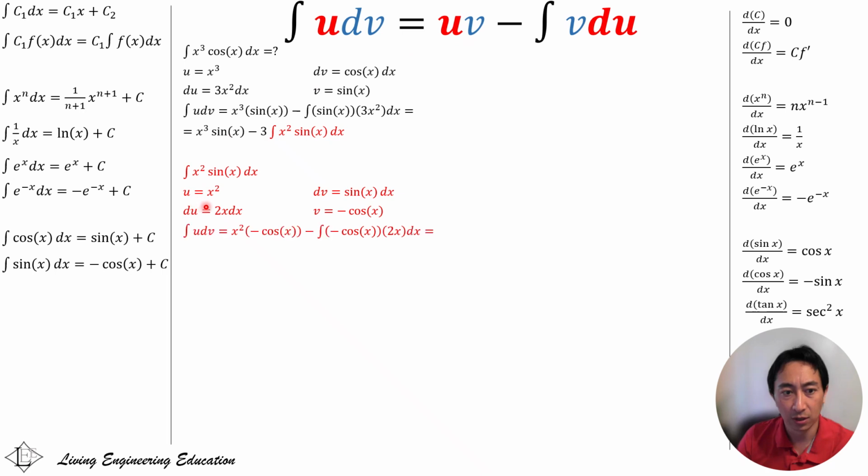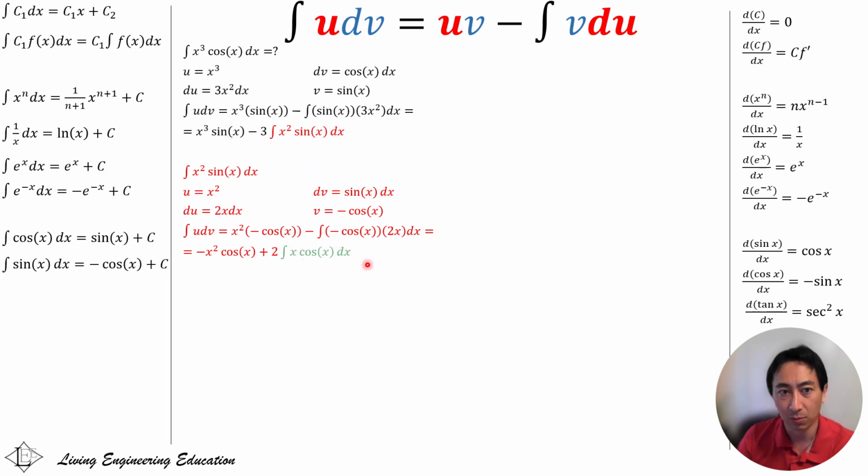So uv is x squared times negative cosine x, right there. And then minus the integral of v du, v is negative cosine x, du is 2x dx. Okay, so clean this up, we get negative x squared cosine x plus 2, pull that 2 out, integral of x cosine x. And I put this in green because we need to do this process one more time.